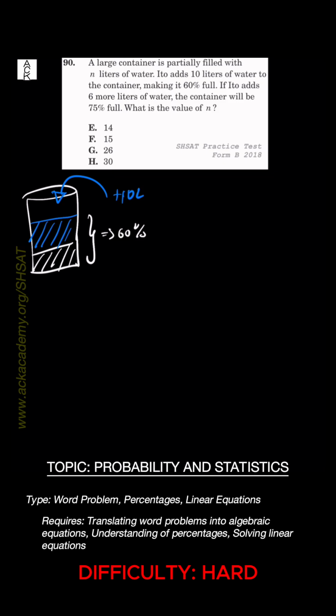And we have to convert this diagram into an algebraic expression. So let's say we start with some n liters of water, and then we add in the plus 10 liters, and that is equal to 60%.